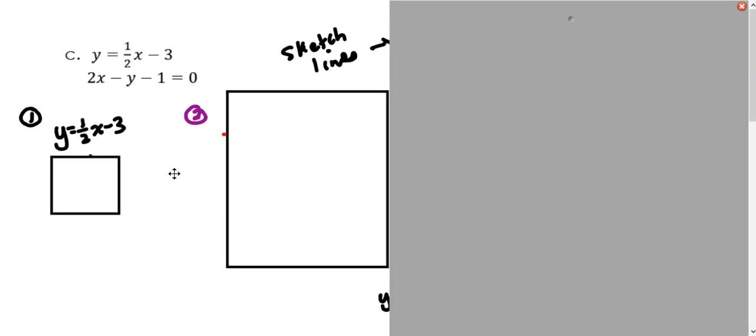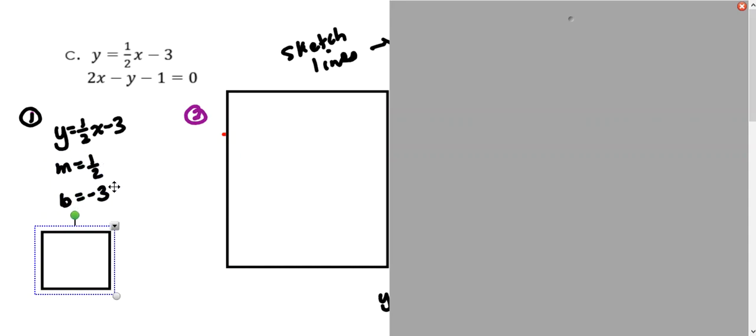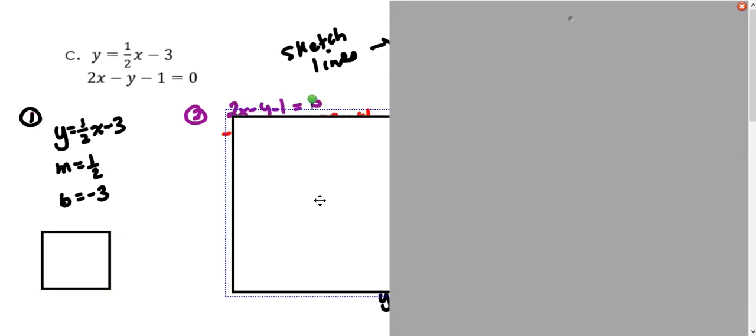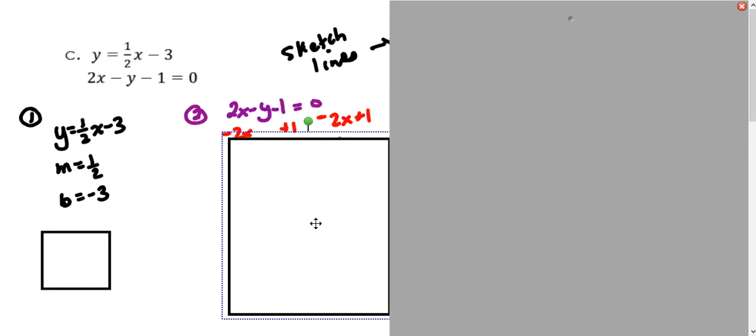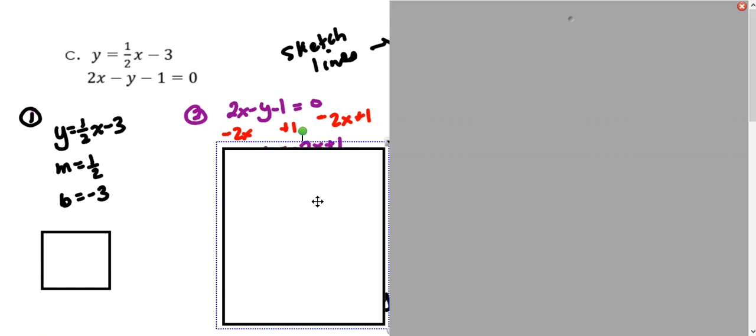All right, we're back. So what I did was first line, I figured out that my slope was 1/2 and my y-intercept is -3. All right, that was pretty straightforward. And my second graph, I said, well, let's change it so it's equal to y equals mx plus b. So I subtracted 2x from both sides, and I added 1 to both sides to move everything away from y.